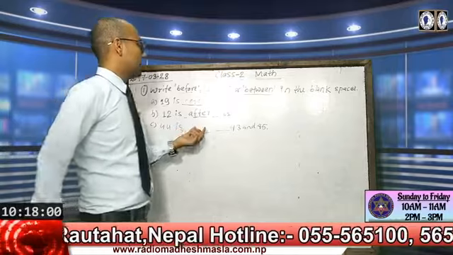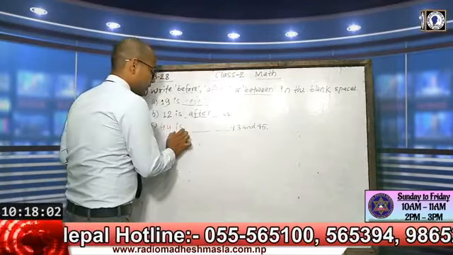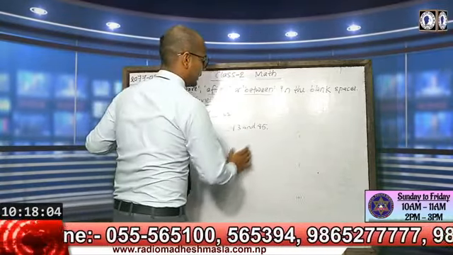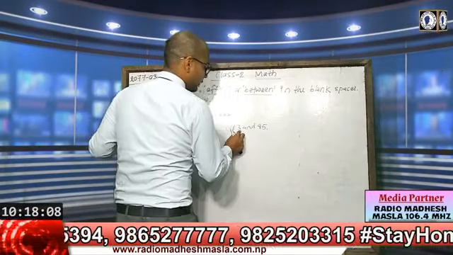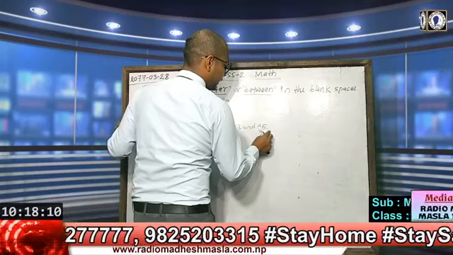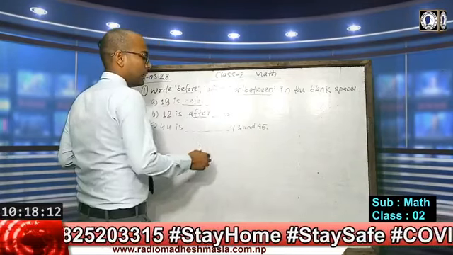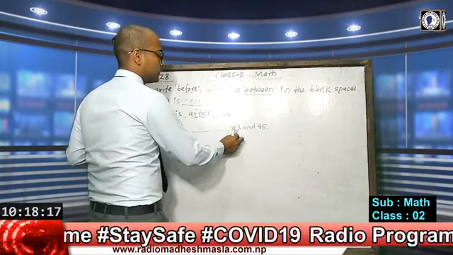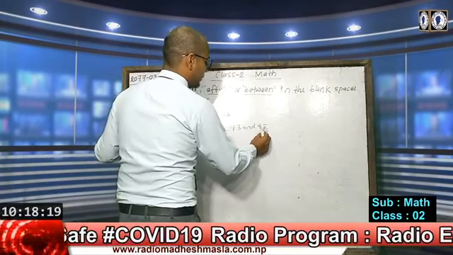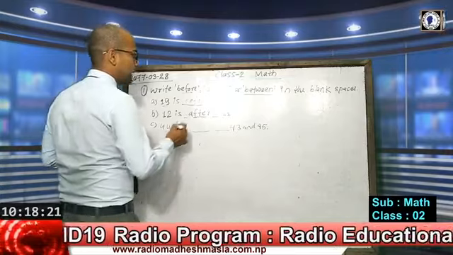Where 44 is, then 43 and 45. Let's start to read the numbers: 43, then 44, then we get 45. So 44 comes between 43 and 45, so we should fill here with the word between.